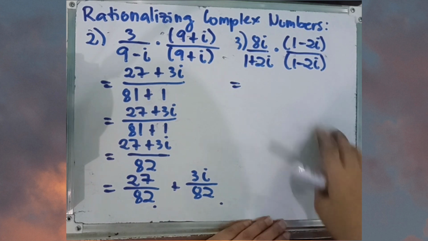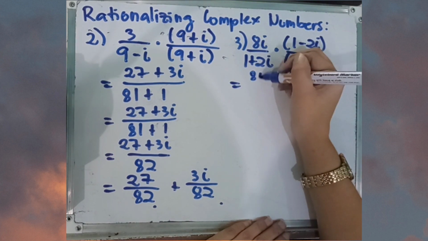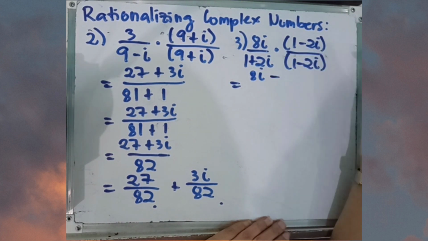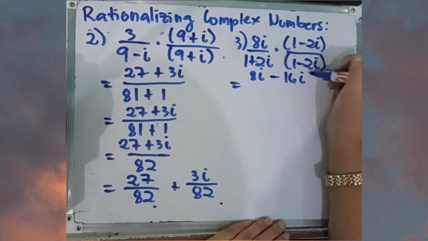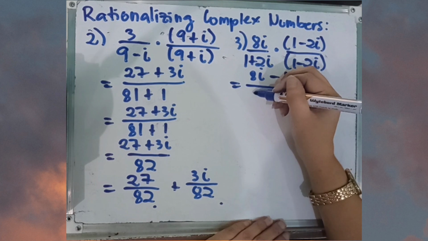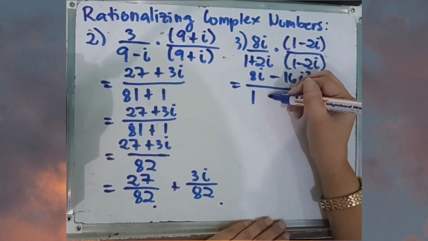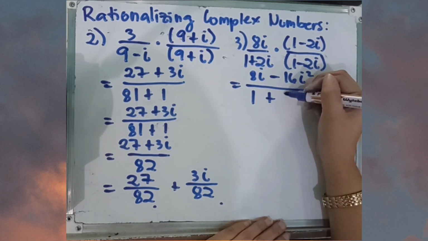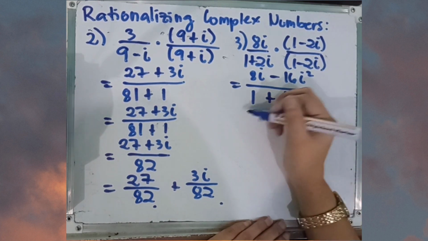So multiplying, we will have 8i minus 16i squared over square of the first term, that's 1, plus square of the second term, which is 4.